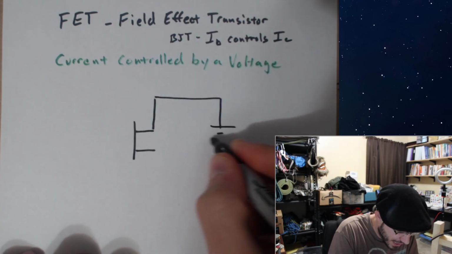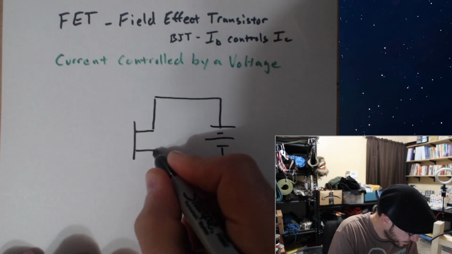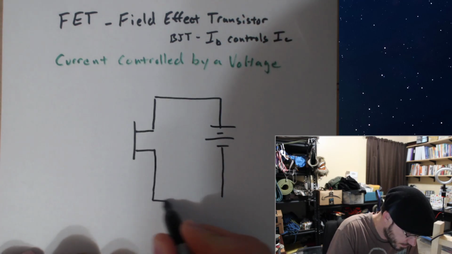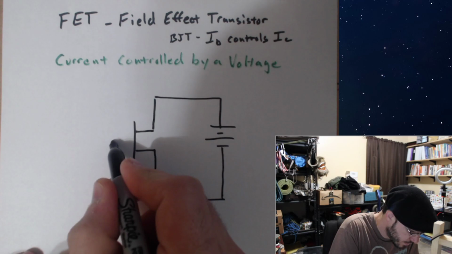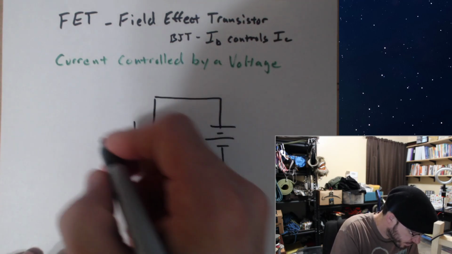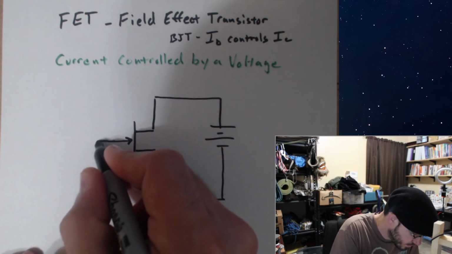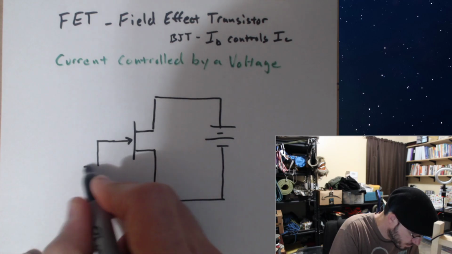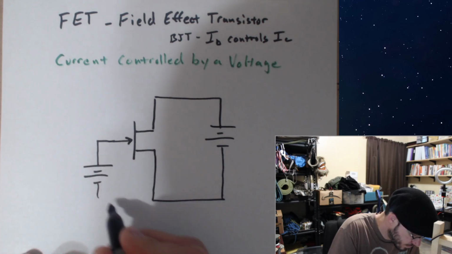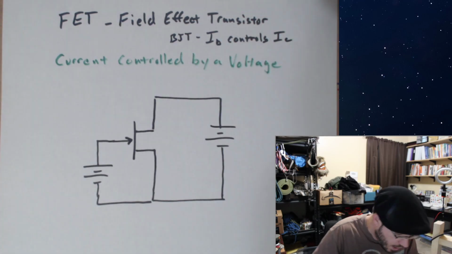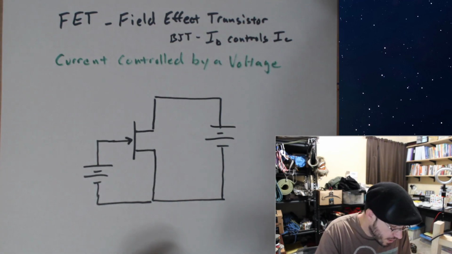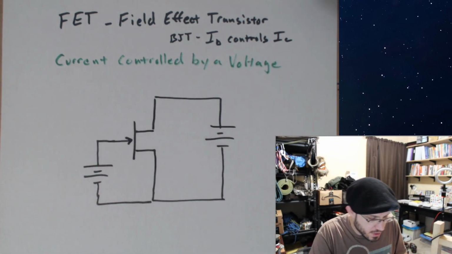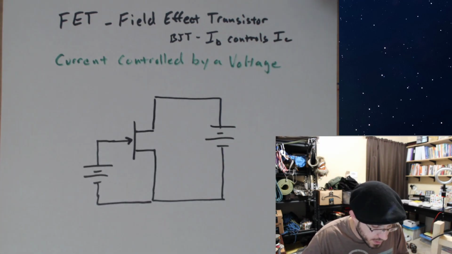Some of the names are going to change here too. Okay, and so here is our field effect transistor, and I have two voltage sources applied to it.